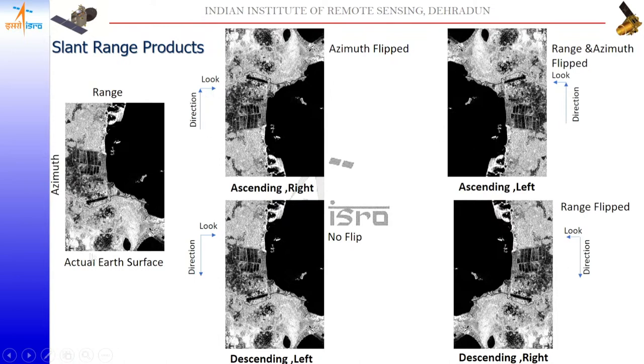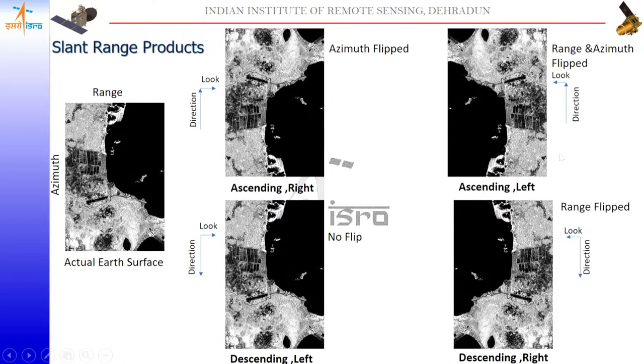In this image, this part will be imaged first, so it will come at the top. Because this is ascending right, it is looking in this direction, so this part is imaged first and is written at the top. So there will be an azimuth flip, you can see in the azimuth direction there is a flipping.